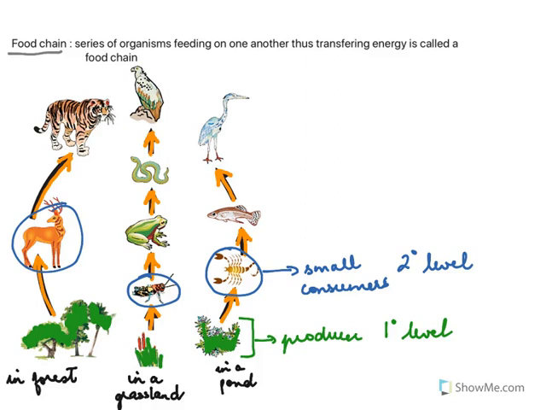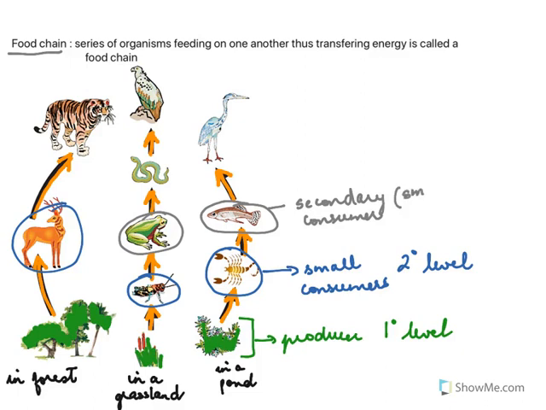Then we come to the third level. Now the third level is usually occupied by a carnivore. Here we have the frog. Okay, so this is the third level. We call it the secondary consumer. And these secondary consumers are nothing but small carnivores.